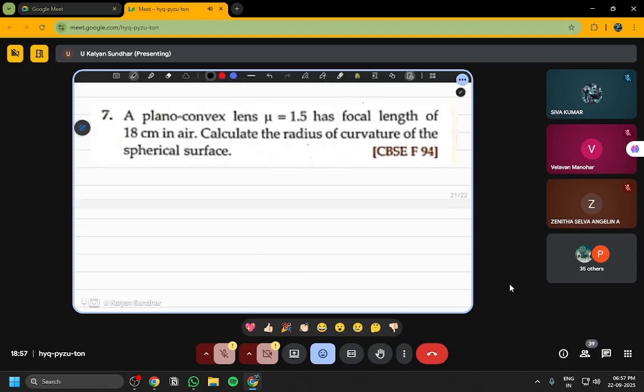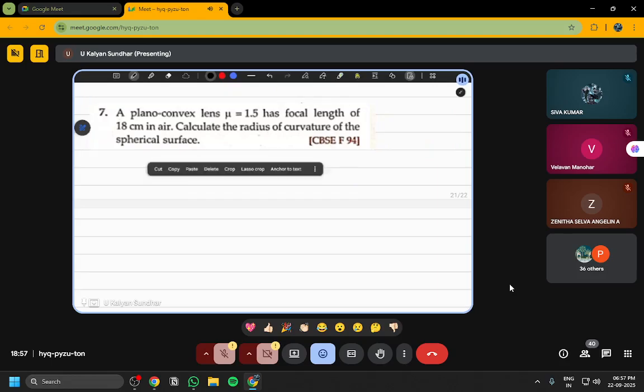Then this one, sir. A plano convex lens with mu equal to 1.5 has a focal length of 18 centimeters in air. Calculate the radius of curvature of the spherical surface. The R value.